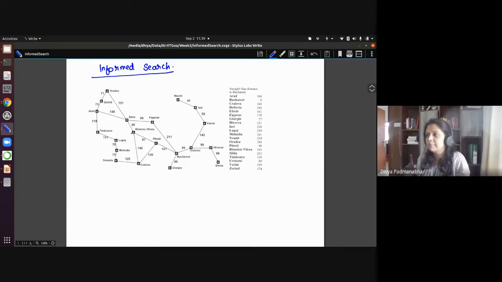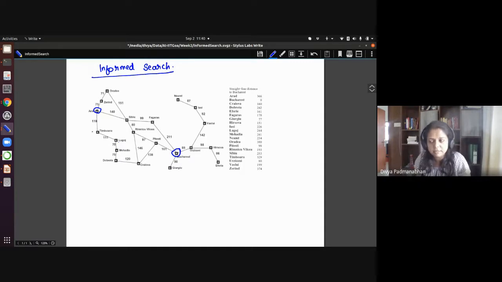In particular, you're interested in getting from Arad, this place, to Bucharest, and you want to find the best path. All these numbers on these edges are the costs. The cost of traveling from Arad to Sibiu, for instance, is 140. The cost of traveling from Timisoara to Lugoj is 111.